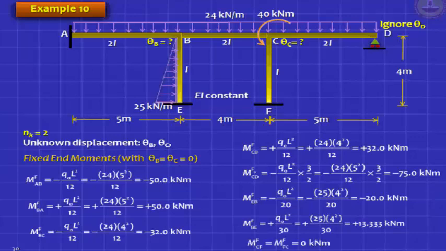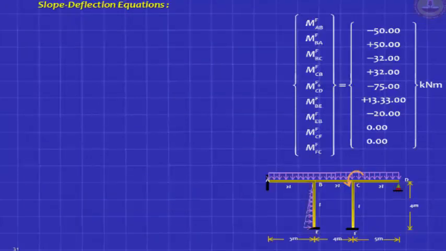Now the next step is to write it neatly in a matrix form and write down next the slope deflection equation. For AB, it is MFAB plus 4EI by L into theta A. Theta A is 0. So you have to write only for theta B. It's 2EI by L for AB and 4EI by L for B. And you have to correctly write the EI value.